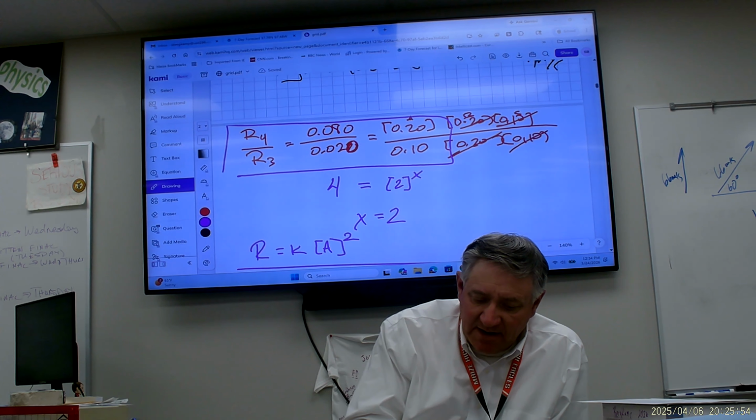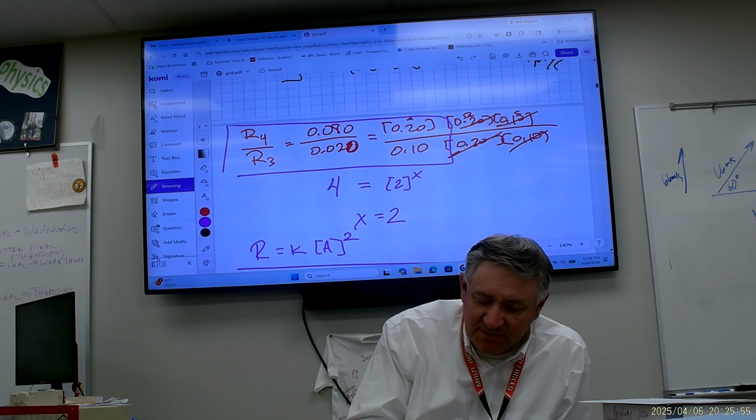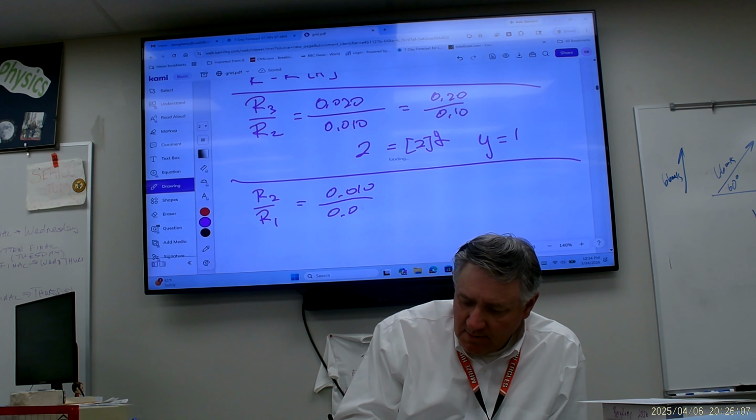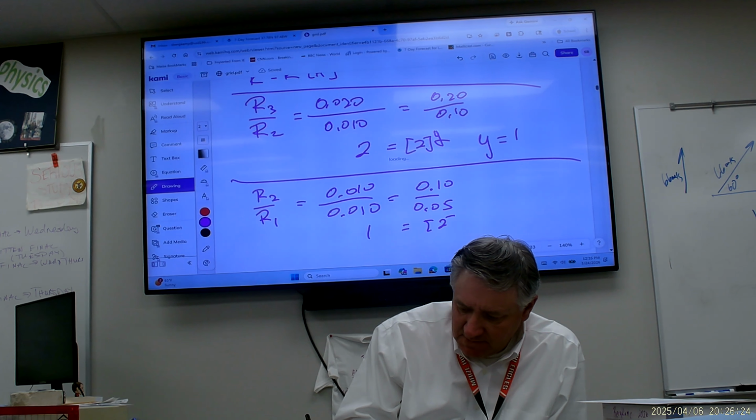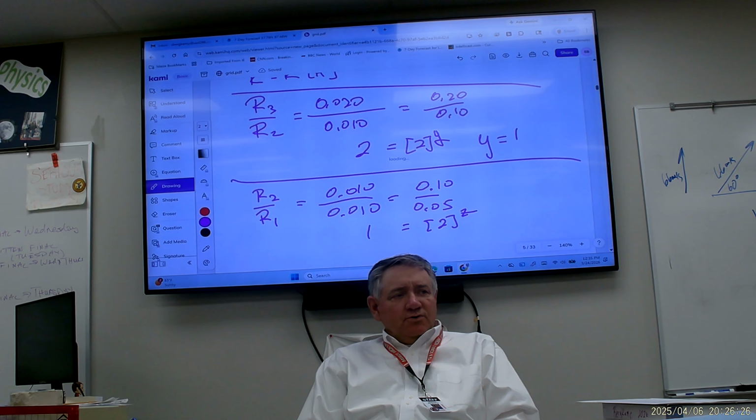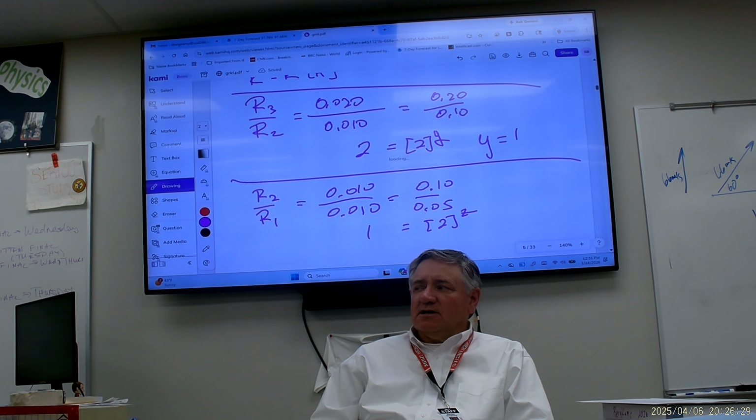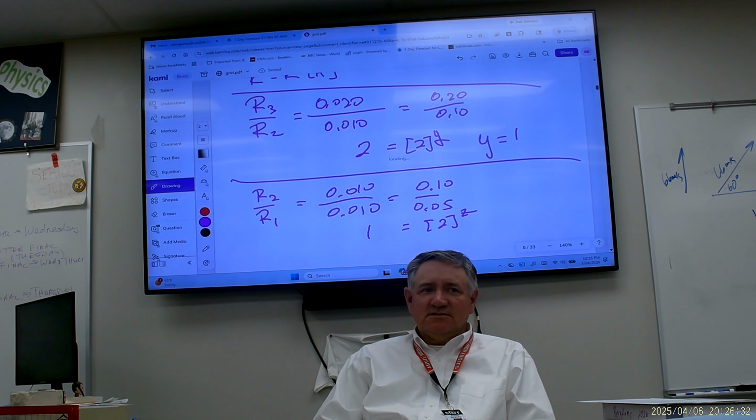Now, the only thing we have left to find is Z. So the only ones I have left are 2 and 1. So I'm going to take rate 2 and divide that by 1, and I've got 0.10, 0.10, and then C is 0.10 and 0.05, so this becomes 1, and this becomes 2 to the Z. So 2 raised to what power is going to equal 1? 0.